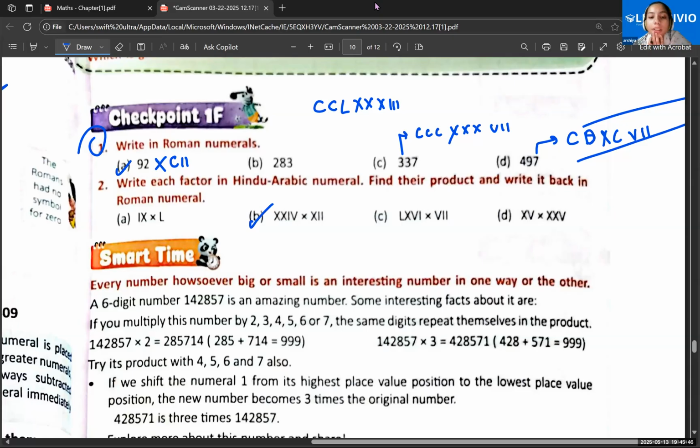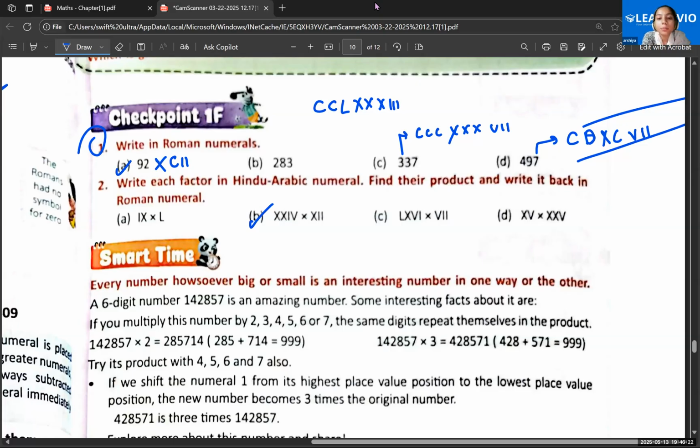CCLXIV. Did you get 24 multiplied by 12? Not 12, 11. There are two ones. Look at the question. The number is XII. I thought it's 12. So in your exam, the teacher won't give marks for this one.